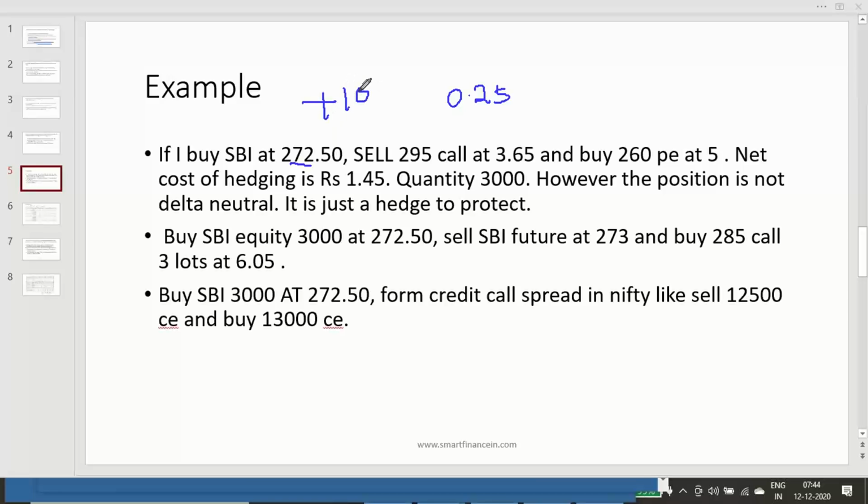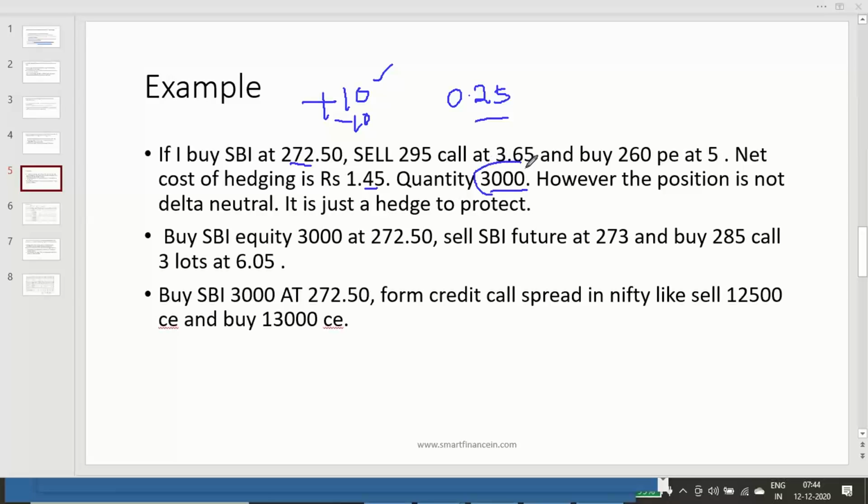So we are protecting our positions for a 10% oscillation. If SBI goes up or down by 10%, for that we are hedging with 0.25 delta.